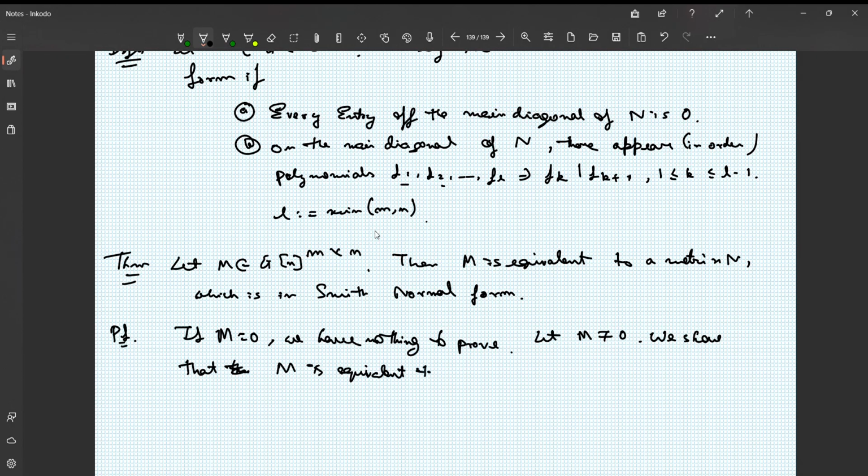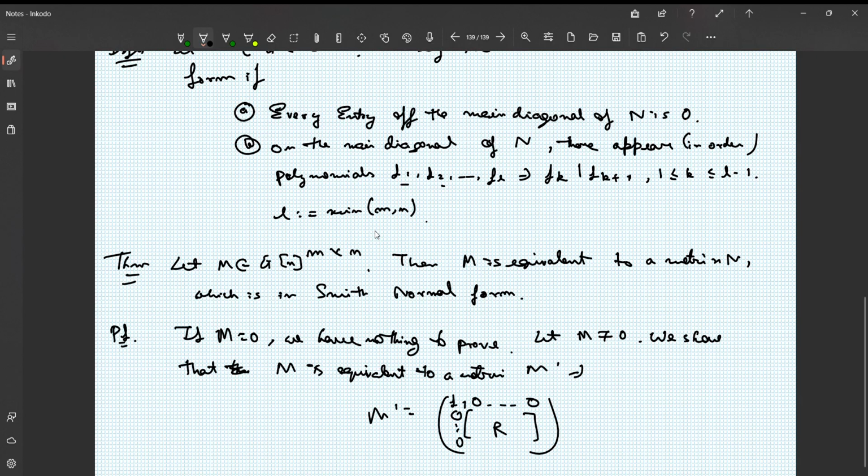What I'm trying to say is that we show that M is equivalent to a matrix M dash such that M dash has the following form.